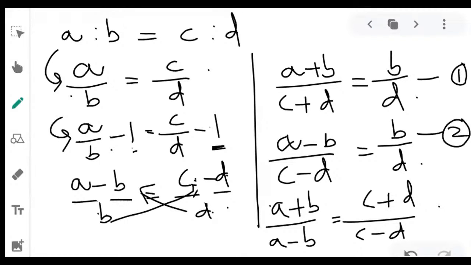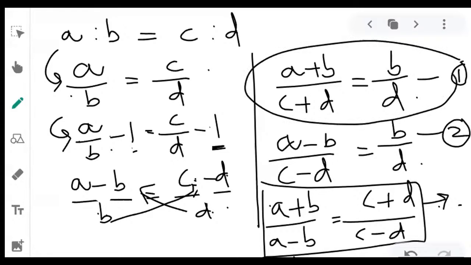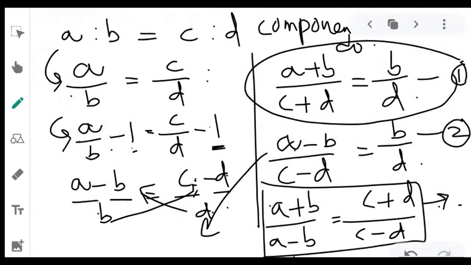I hope this is a condition you won't need to use. But equation number 1 is called componendo, because you are adding. Equation number 2 is called dividendo.